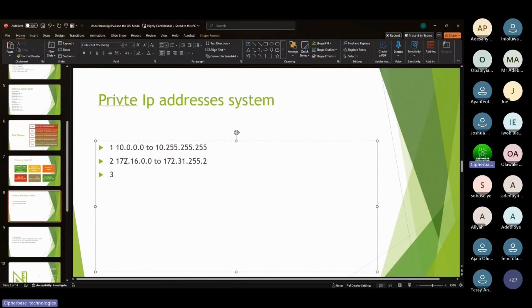The third one is 192.168.0.0 to 192.168.255.255. These are the 3 that I want to explain.